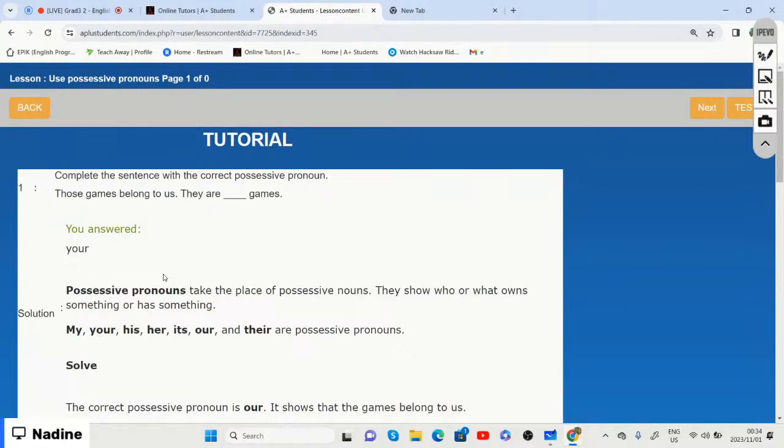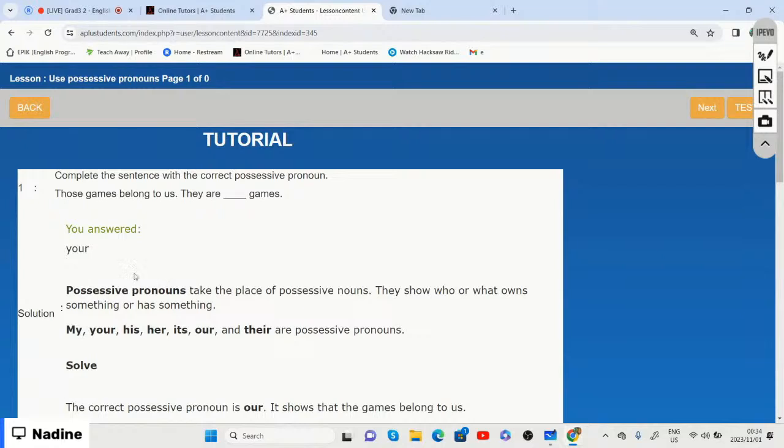And now, if we look at the sentence that says complete the sentence with the correct possessive pronoun: those games belong to us. If something belongs to us, then it is whose game?